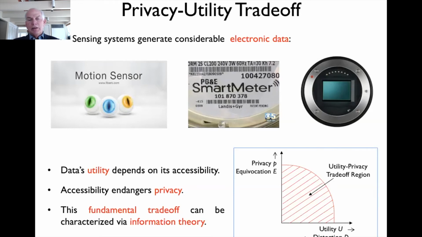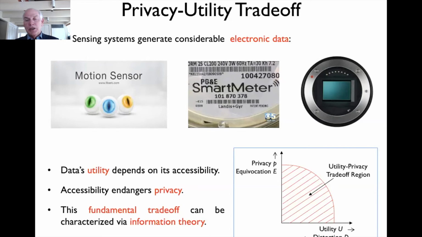But on the other hand, if you make it all accessible, that endangers privacy. So there's a fundamental trade-off between, on the one hand, keeping data private and secret, and on the other hand, making it completely accessible. There are sort of two contrasting goals.